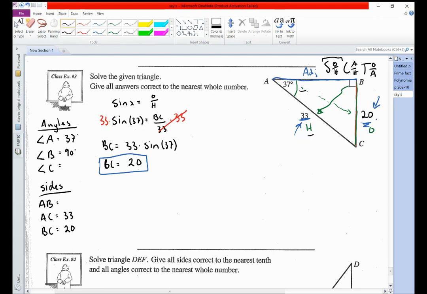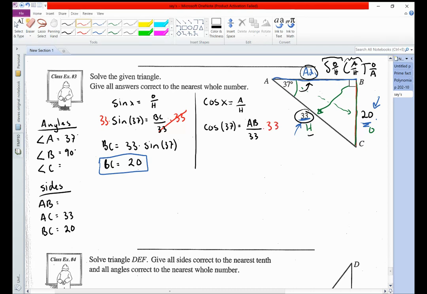So from my 37, I have my adjacent, and I know my hypotenuse. Adjacent and hypotenuse give me a cos function. So I will say cos of x is adjacent over hypotenuse, and I will fill in the information that I know. So the cos of 37, using the same angle, is equal to, adjacent is AB over hypotenuse, which is 33. And it actually is the same process as solving for BC.